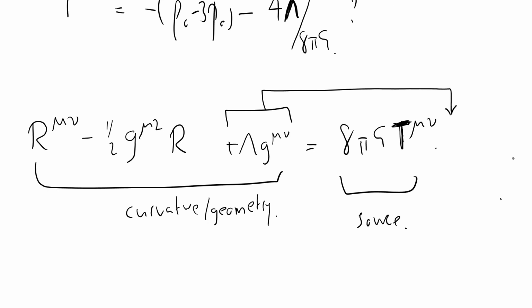So I just want to make that observation that I'm casually moving terms from the left to the right-hand side, which is no problem at all. The problem is, do we consider that to be a legitimate physical process? Is it legitimate to consider the cosmological constant as a source? And it's not clear to me that it is.